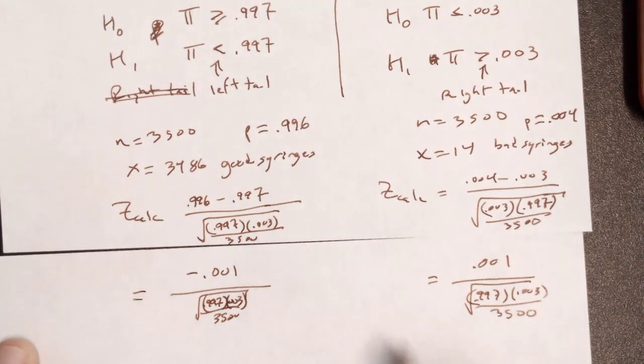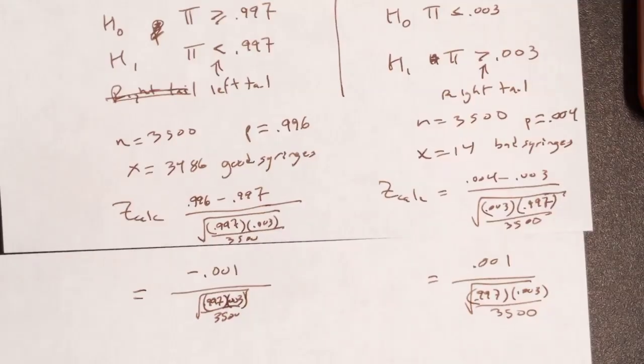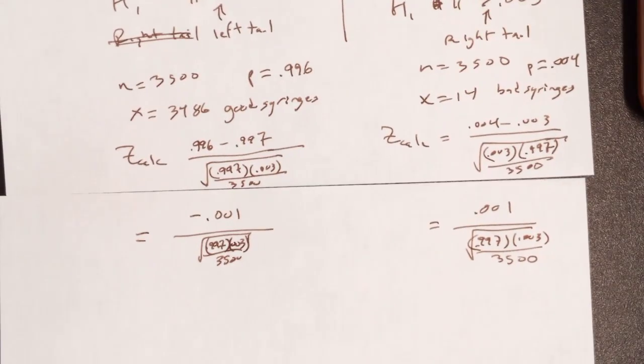What do you get for either of these numbers? Since I'm going to use my normal distribution, I really only need 2 decimal places.